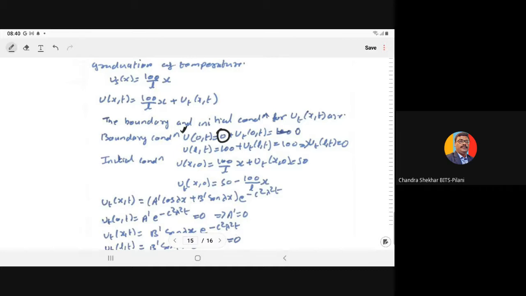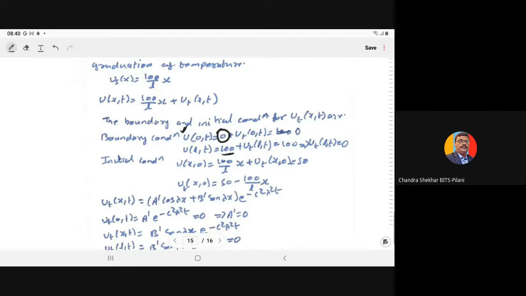And at x is equal to l, the temperature is given to you as 100, so ut(l,t) will also be 0. The initial condition is u(x,0) is equal to 100 upon l x plus ut(x,0), and it is given to you as 50. So ut at (x,0) will become 50 minus 100 upon l x.